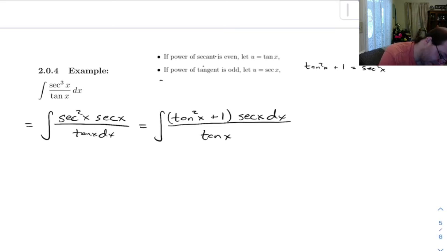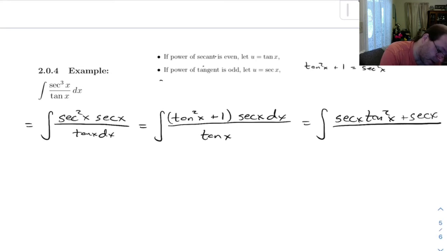And I'm going to distribute that secant through there. So we get secant x tan squared x plus secant x over tan x dx, written in very small at the end.